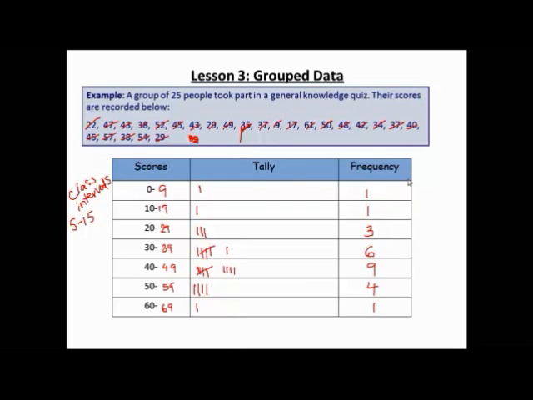Okay, so here's my completed frequency table. So I've got one score in between 0 and 9, one score between 10 and 19, 3 between 20 and 29, 6 between 30 and 39, and so on.